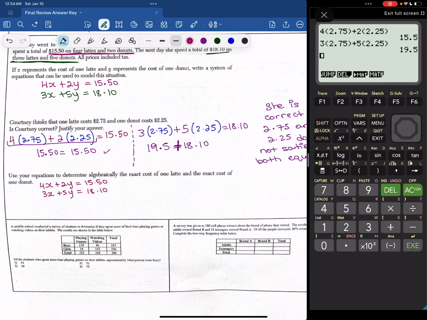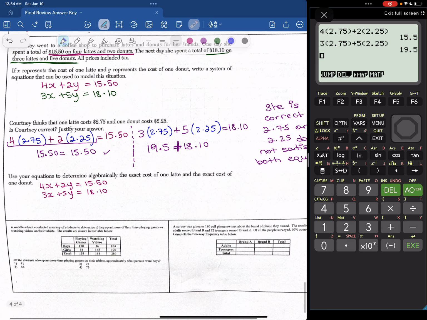Okay, so for elimination, we need to have a pair of opposites so that we can cancel when we add. Here, we don't have any opposite terms, so I need to make them opposites. So we'll multiply the top equation by the coefficient from the bottom. So we'll multiply the top by -3, and then we'll multiply the bottom by 4.